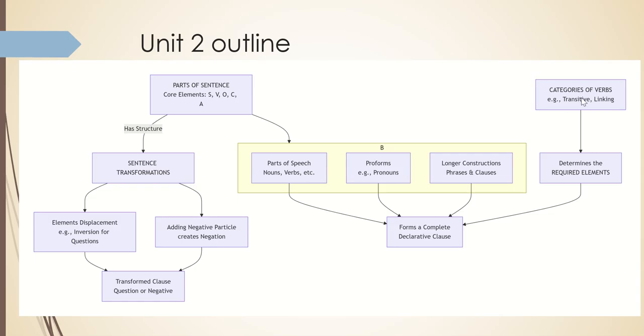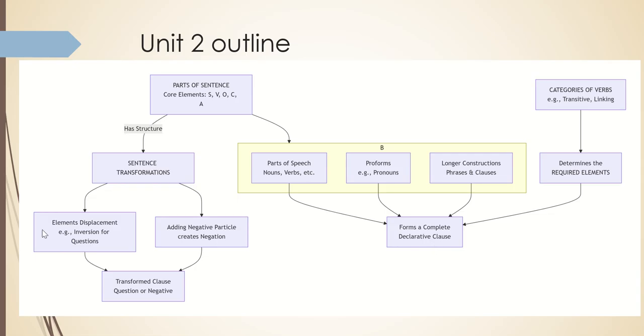So whether the verb is transitive, intransitive, types of transitive verbs, or a linking verb, it determines the required elements. All in all, the middle and the right side of the diagram show the structure of the declarative sentences or the declarative clauses, which is, let's say, the default case of sentences.